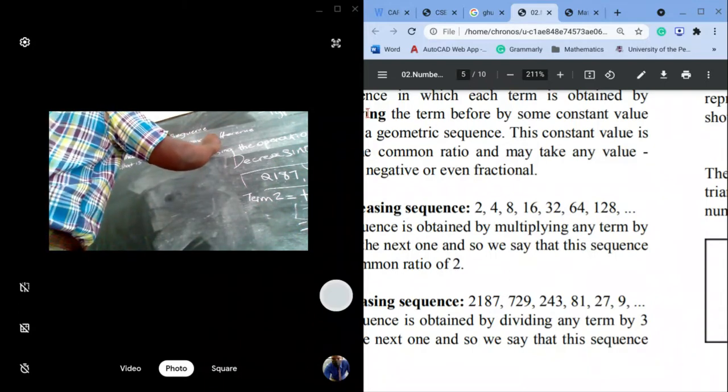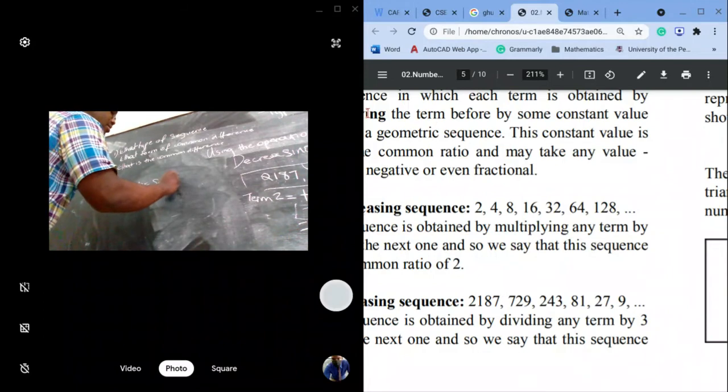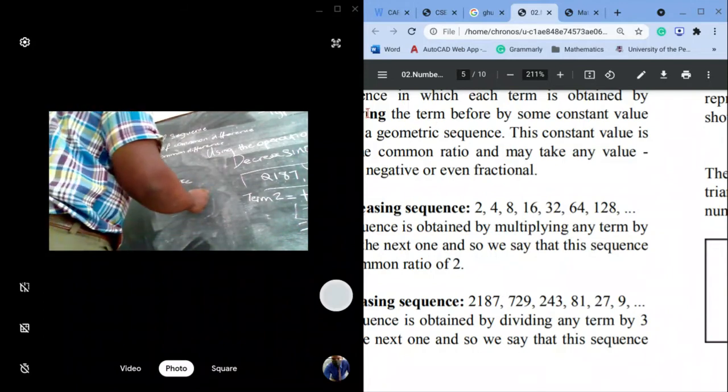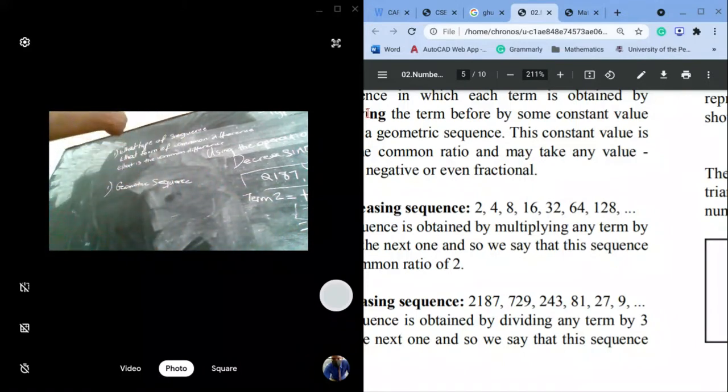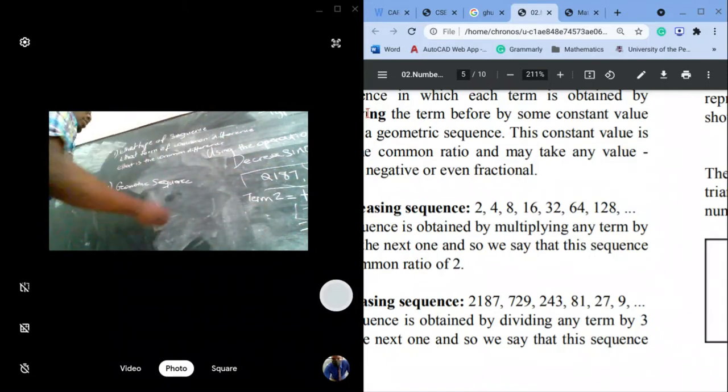So to answer question 1, you're going to say it's a geometric sequence. Why? Because we had to multiply or divide by another value to get to the next term. Right?